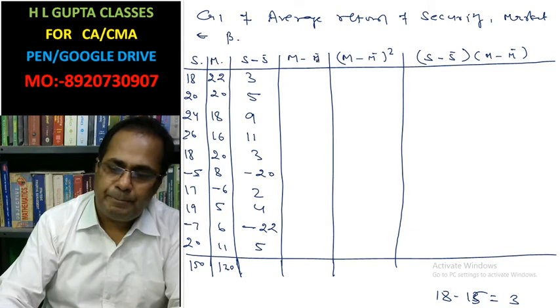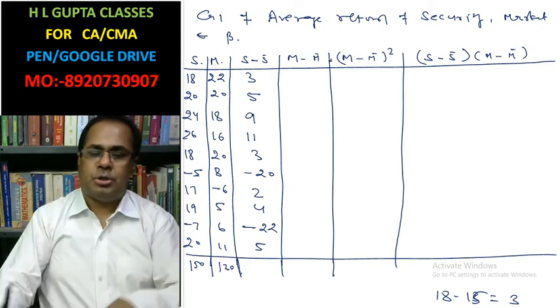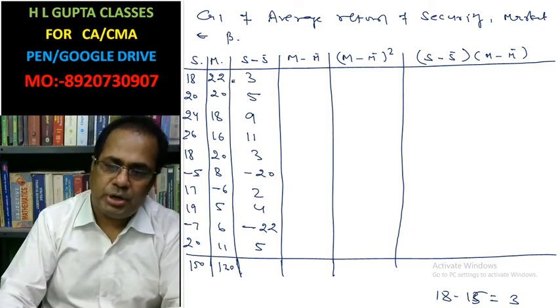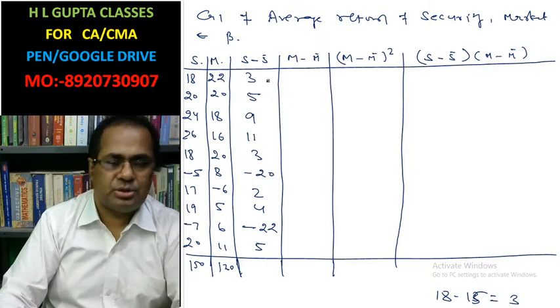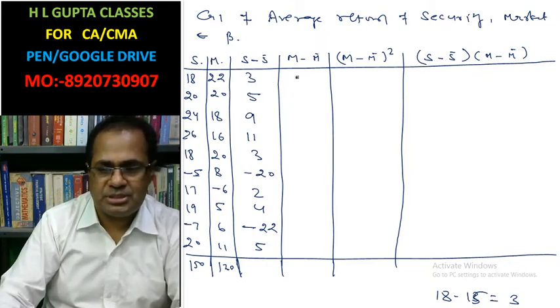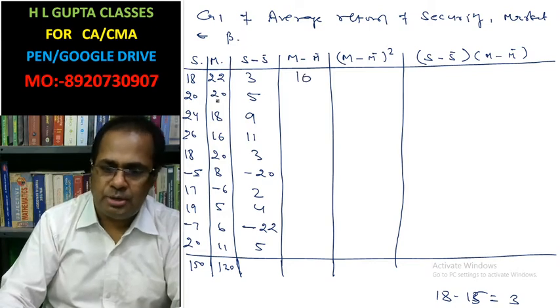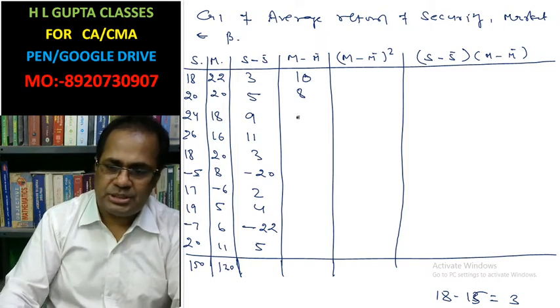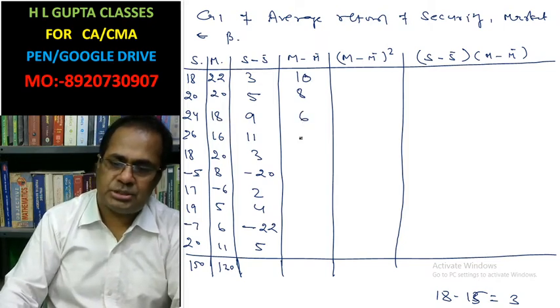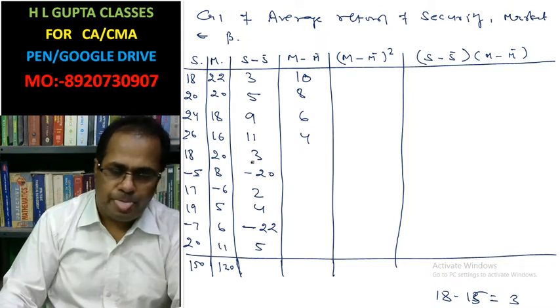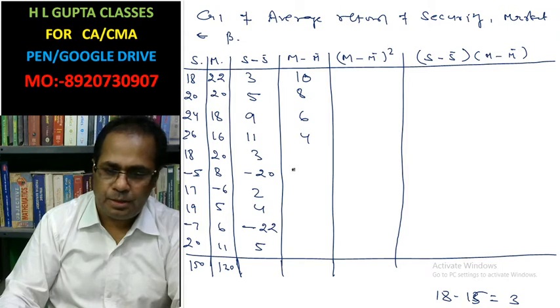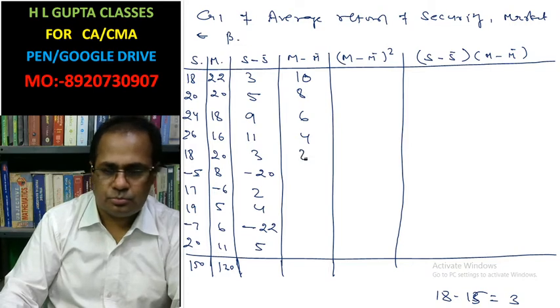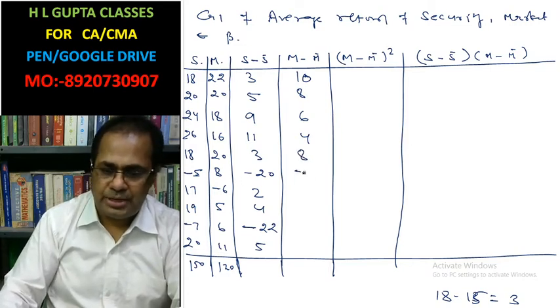Similarly, M bar is 12. So what will be M minus M bar? 22 minus 12 is 10. 20 minus 12 is 8. 18 minus 12 is 6. 16 minus 12 is 4. 8 minus 12 is minus 4. 20 minus 12 is 8. 8 minus 12 is minus 4.